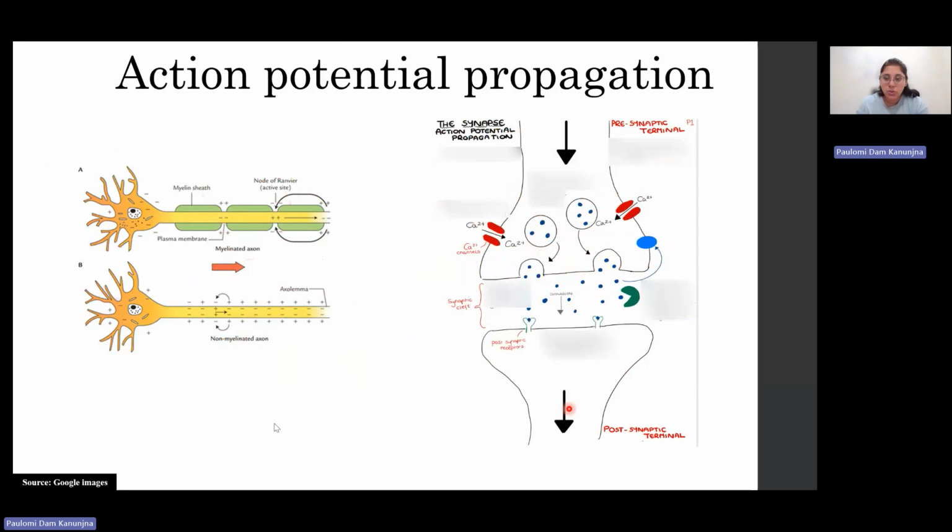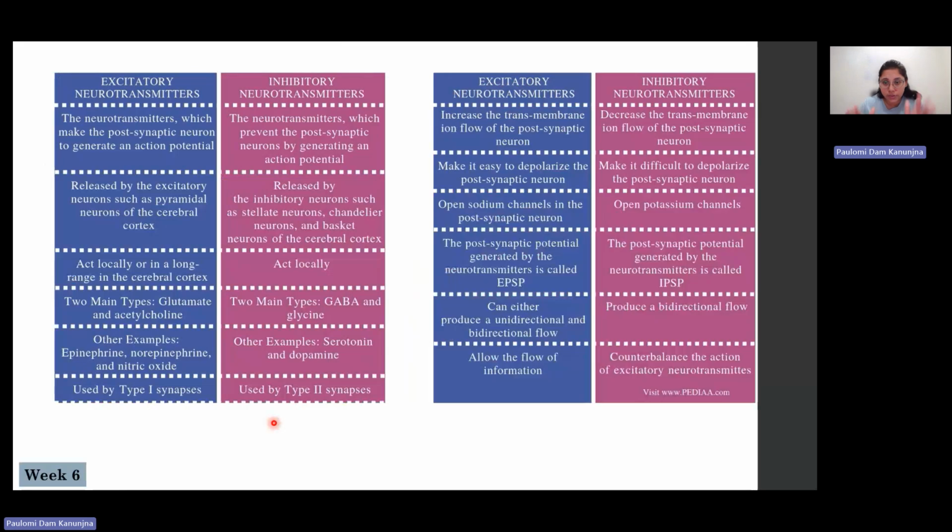Okay. So after we did this, I just told you about transmitters, right? Now, the transmitters which are released by the neurons can be of two types: excitatory neurotransmitters and inhibitory neurotransmitters. The names themselves tell what they are trying to do.